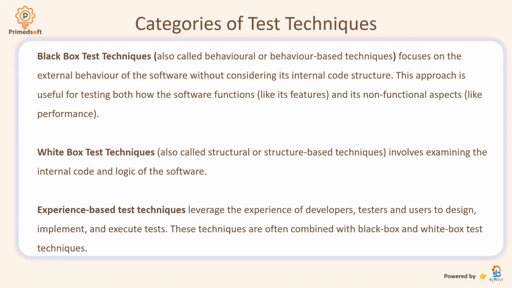So you can see you are not looking at the structure of the code, you are not looking at all the logic. You are only looking at the requirements gathered by the BA, the specifications, the use cases, and the user stories, right? Those are the characteristics.